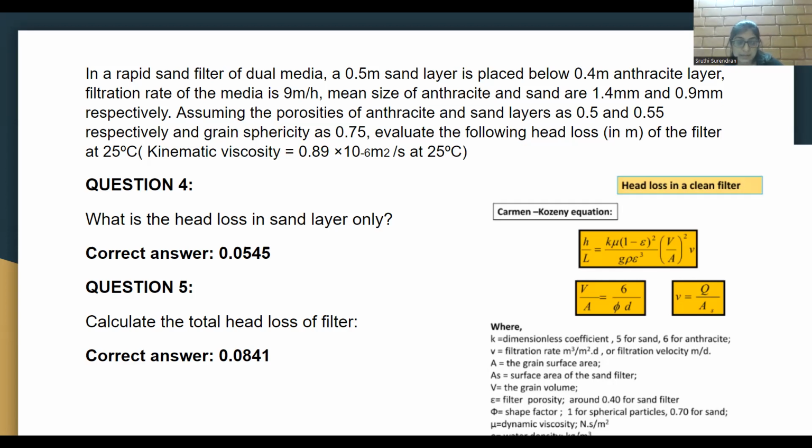Are you able to get the answers? Either one material.